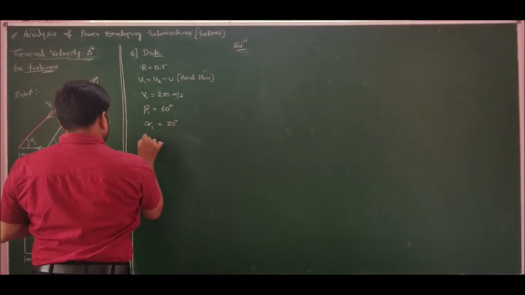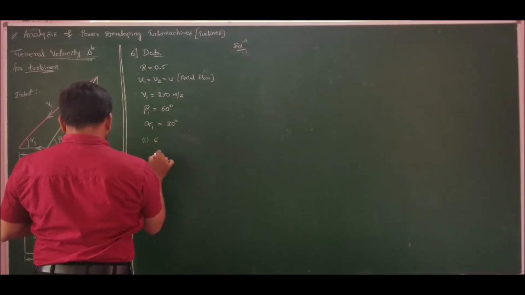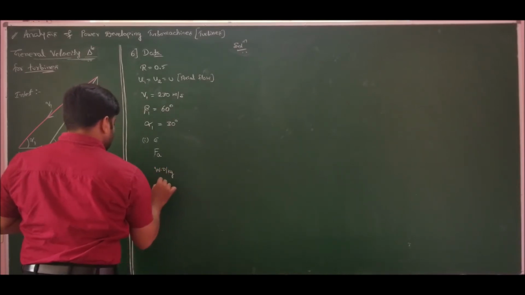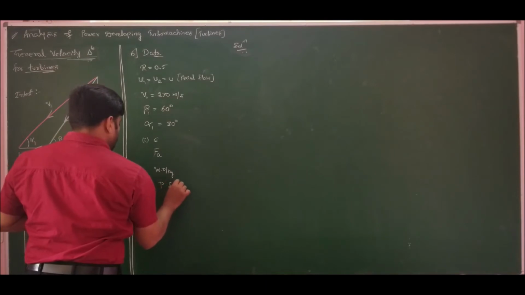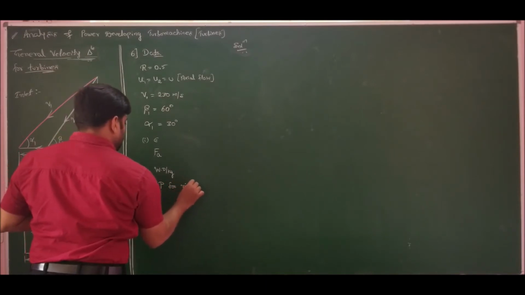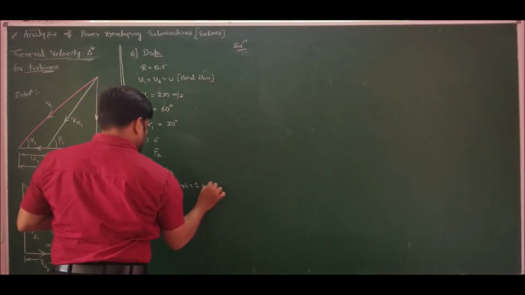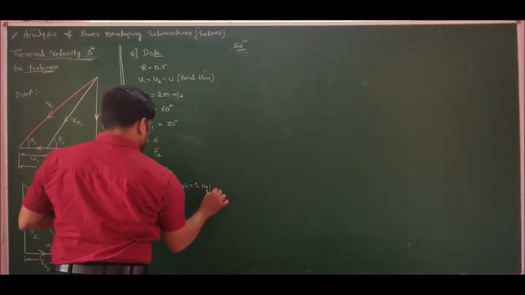Find utilization factor epsilon, axial thrust FA and power output per unit mass flow, that is work done per kg, and P for mass flow rate m dot equal to 1 kg per second.